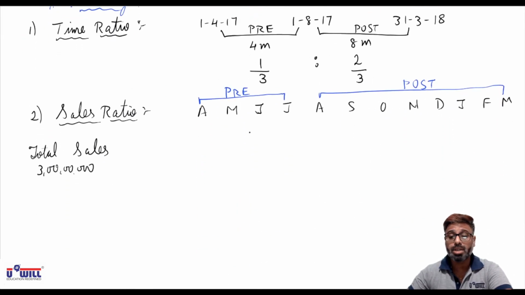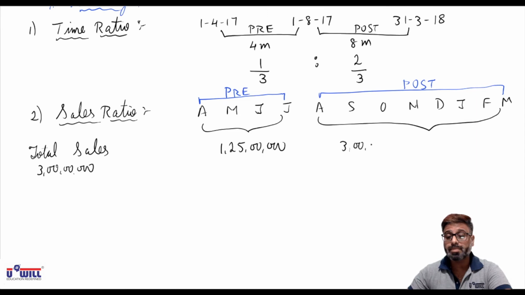Up to 1st August means April, May, June, July sales are 1 crore 25 lakhs. So what would be the sales from August onwards till March? 3 crores minus 1 crore 25 lakhs, that is 1 crore 75 lakhs.